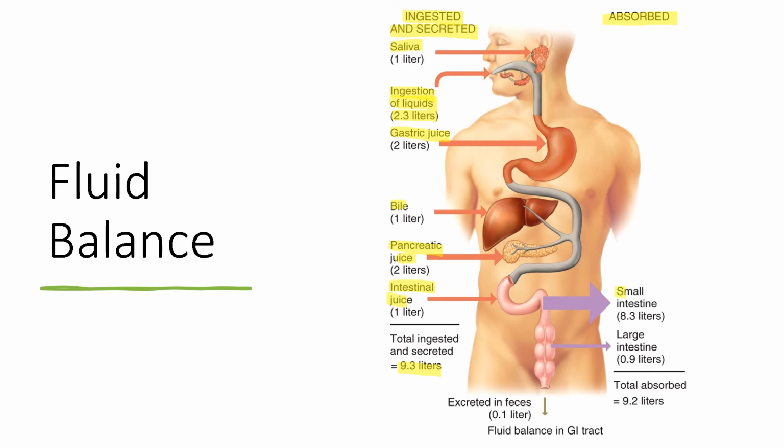The small intestine does most of the fluid absorption, about 8.3 liters. The large intestine absorbs the rest to get about 9.2 liters absorbed per day, with a small amount being excreted in the feces.